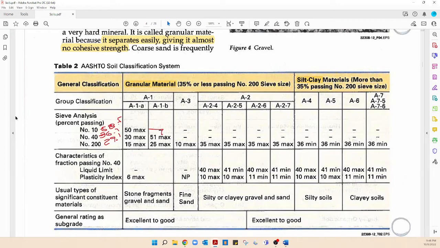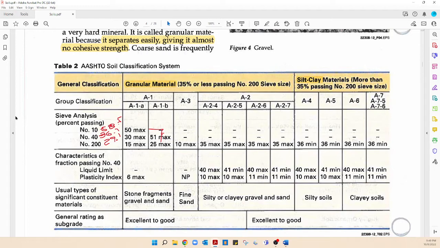So we can go, the 51 is max. We can go in here, but when we go down, we hit the number 200 sieve, and it has a 25 max, and we have a 29.